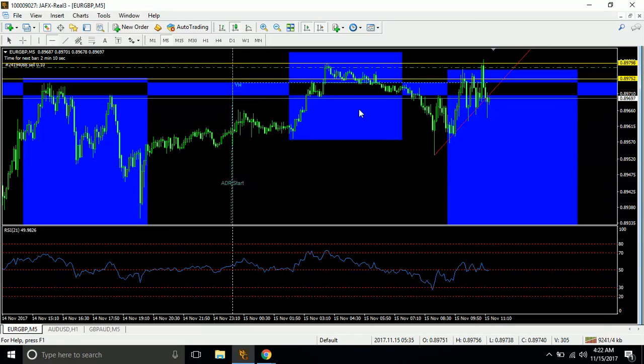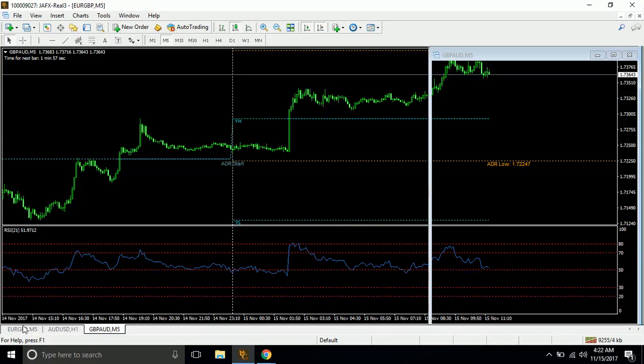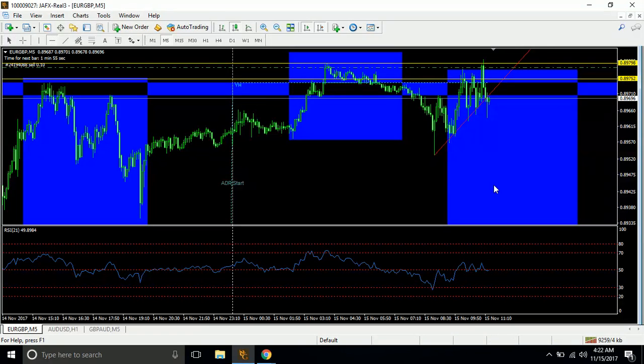If it's really as strong and positive for the pound as I believe it to be, it's going to spike this pound Aussie straight up and this euro pound straight down. Like I said before, it was just timing. Timing is everything.